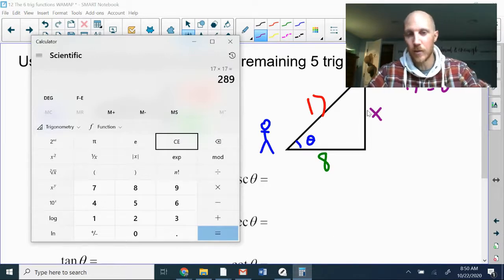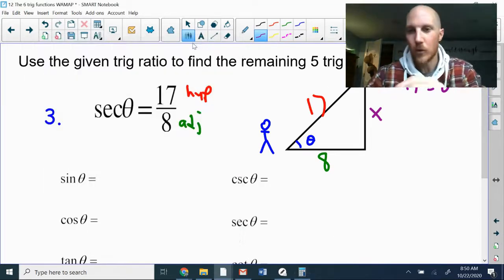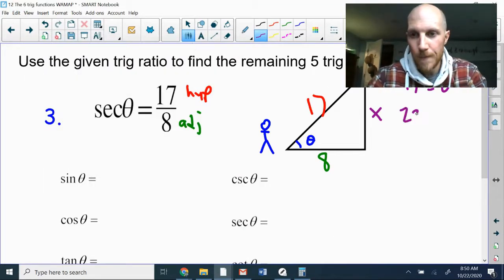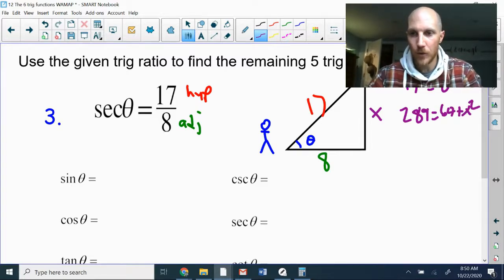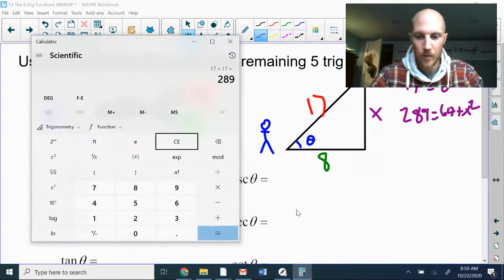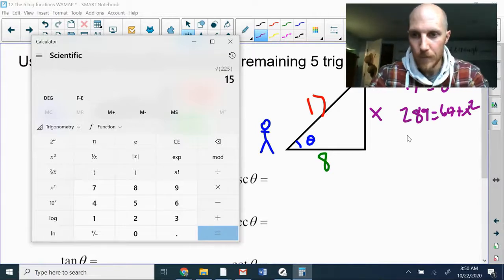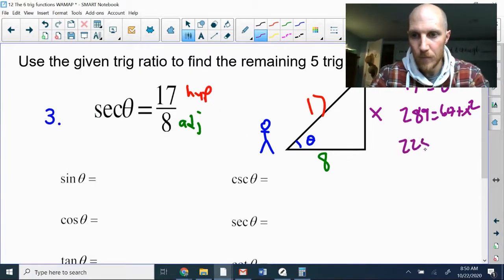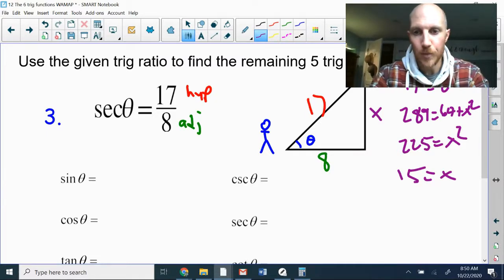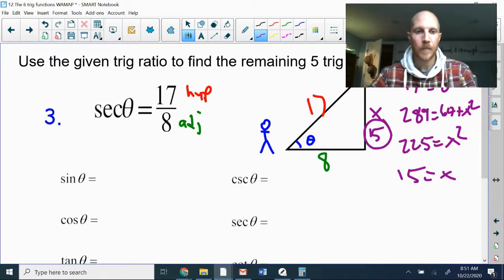It's 289. Okay, good thing I actually did the calculator. So we got 289, 64 plus x squared. Subtract the 64 on both sides. 289 minus 64 is 225, and the square root is 15. The Pythagorean triple: 8, 15, 17.